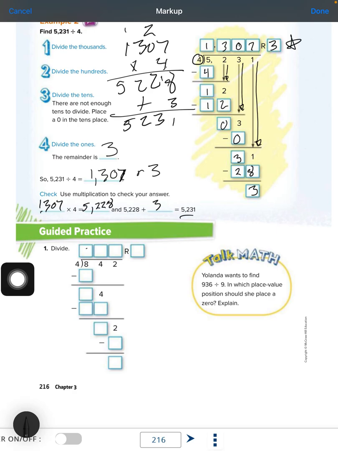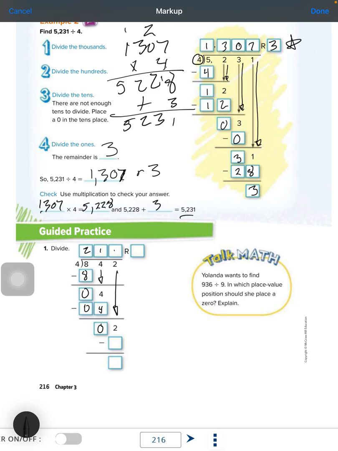All right, let's do some guided practice. We are going to divide. 4 will go into 8 twice. 2 times 4 is 8. 8 minus 8 is 0. Bring down the 4. 4 will go into 4 once. 1 times 4 is 4. And 4 minus 4 is 0.